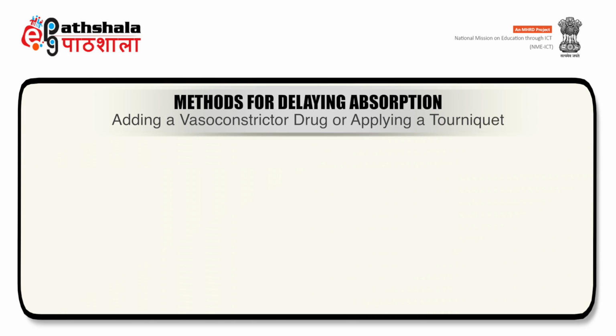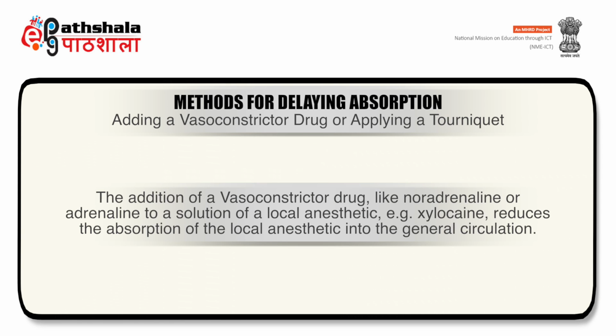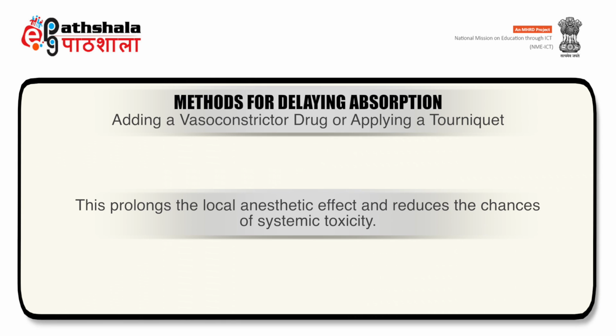The third method to delay absorption is adding a vasoconstrictor drug or applying a tourniquet. The addition of vasoconstrictor drugs like noradrenaline or adrenaline to a solution of local anesthetic, for example xylocaine, reduces the absorption of local anesthetic into the general circulation. This prolongs the effect of the local anesthetic agent and reduces the chances of systemic toxicity.